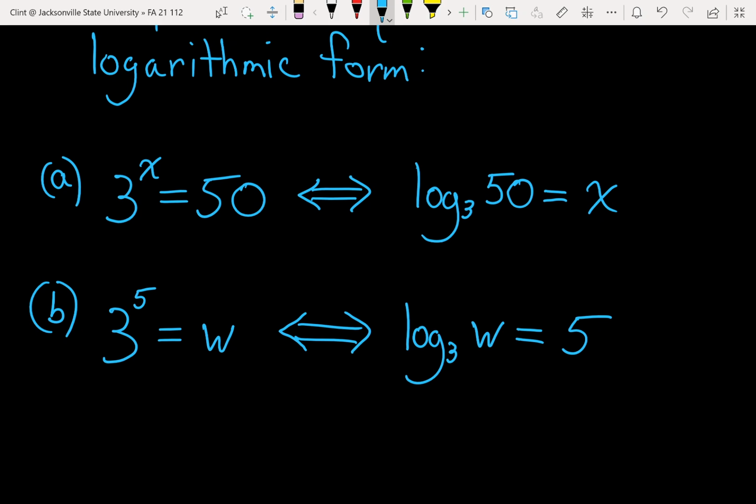And I've seen teachers do things like you start with the base and it's to this power, it equals that, and they make an L out of it, because it's going to logarithm form. And with the other direction, you turn it into an E. I can't do that, so you just have to remember, I guess.